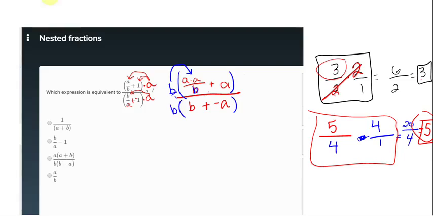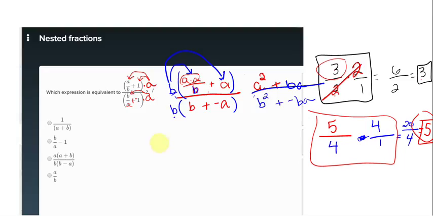So here I'll just be left with a times a, which I can say is a squared, plus my b times my a, which is ba, over, I'm just going to use blue from now on, b times b, which is b squared, plus b times negative a, which is negative ba.